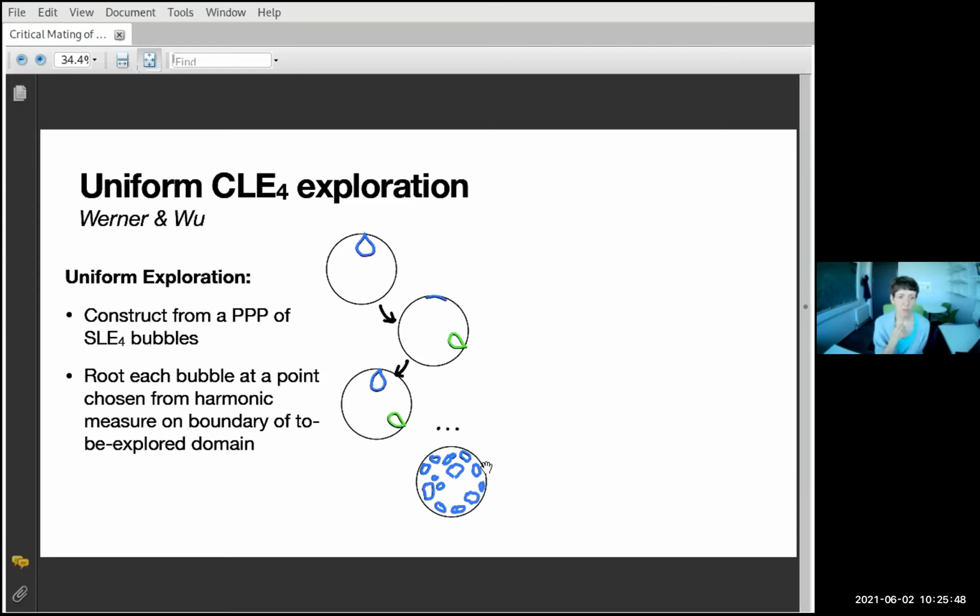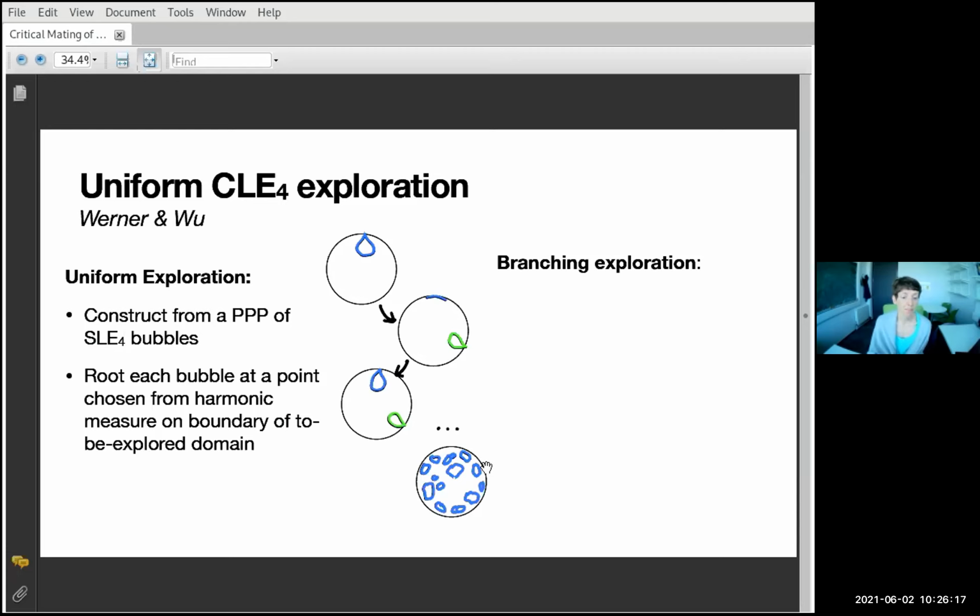To say which one is the remaining to be explored domain, I need to specify, for example, a target point. That will determine it: it will be the one containing the target point. So in fact, what I just described gives you a way to construct a branch of a CLE4 exploration procedure towards a specific target point.